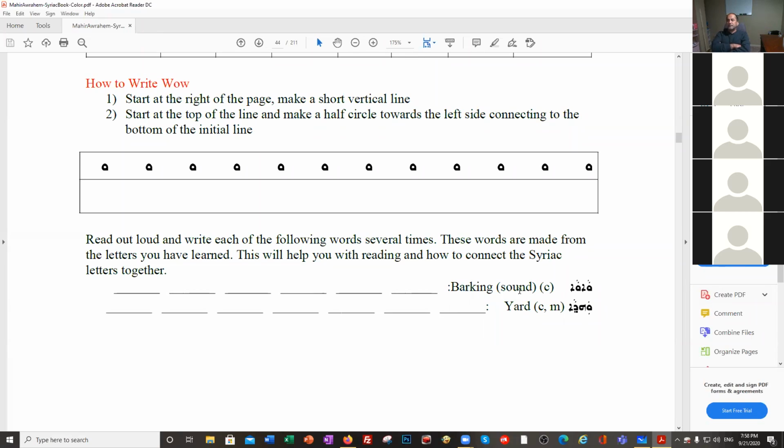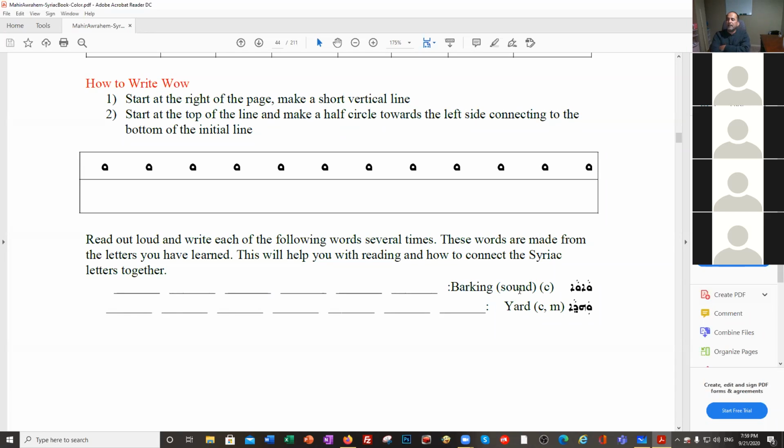Okay. You see here, I put C there as a classic. We don't use wawa. Anyone knows what words we use for barking? We say kelba, be, what? Kalba, be, and then the word. Anyone knows?